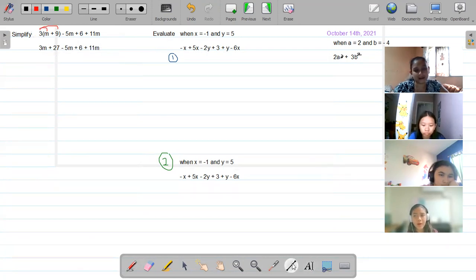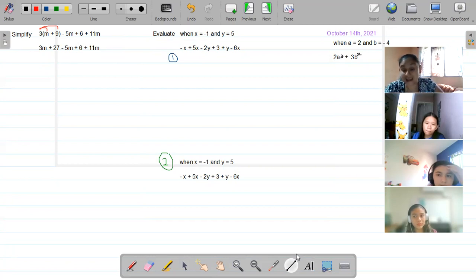Now, what's my next step? My next step is to find like terms. Do you remember what like terms are? The definition that I gave you? Like terms are terms with the same variable, exactly the same variable with exactly the same exponents. Thank you, Cisneros. So we're going to find the like terms.